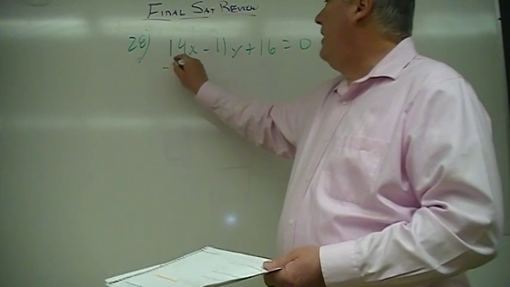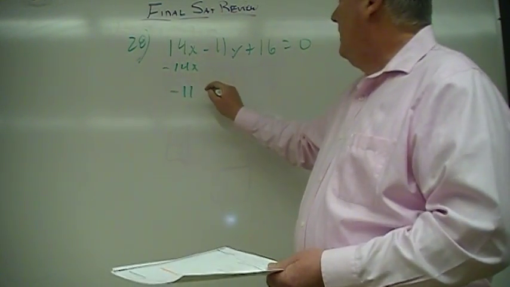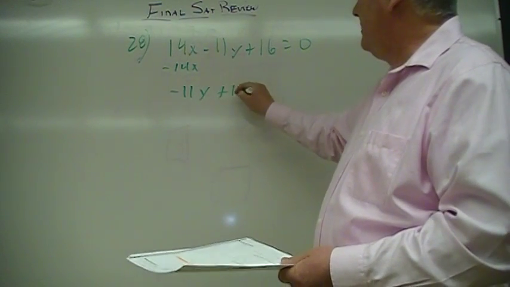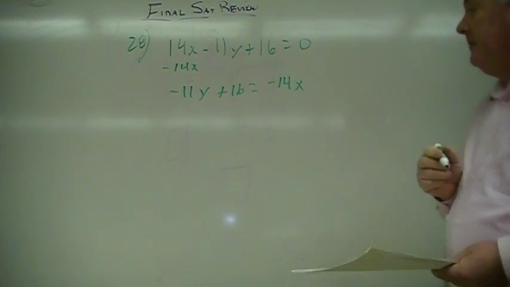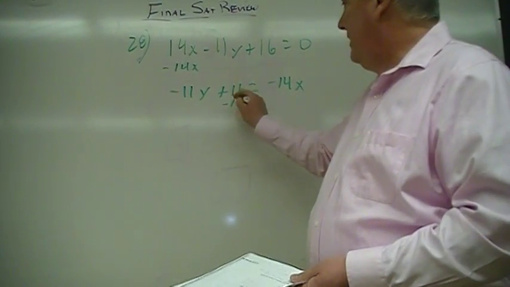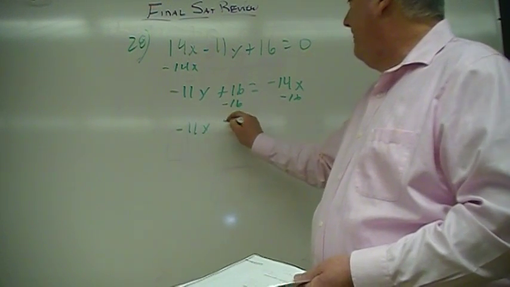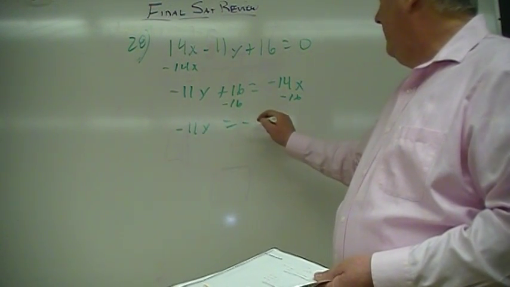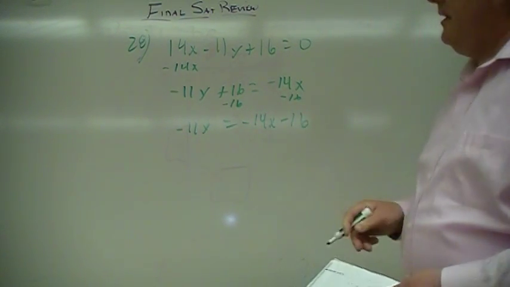So let's take away 14x: negative 11y plus 16 equals negative 14x. Okay, let's get rid of the 16. Negative 11y equals negative 14x minus 16.